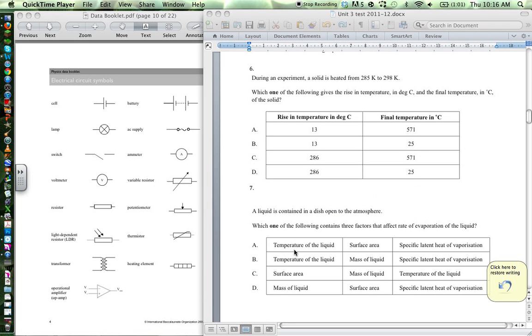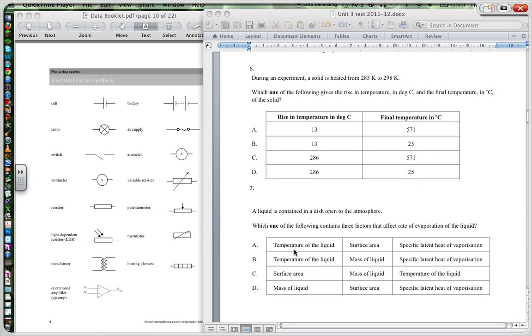Looking at question 7. A liquid is contained in a dish open to the atmosphere. So which of the following contains 3 factors that affect the rate of evaporation of the liquid? Alright, the temperature of the liquid would. Obviously, the hotter the temperature, the greater the kinetic energy of the particles, and therefore more particles will have enough kinetic energy to break their bonds and escape from the surface.